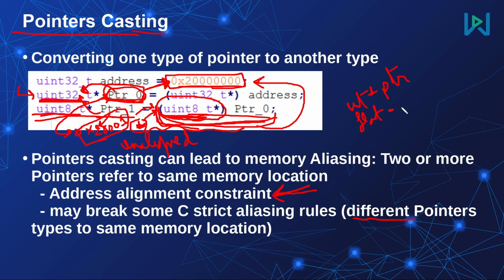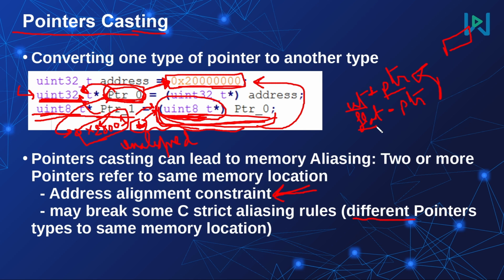If this is initialized with the same pointer but gets casted, we end up having two pointers pointing to the same location, but each pointer will have a different type.